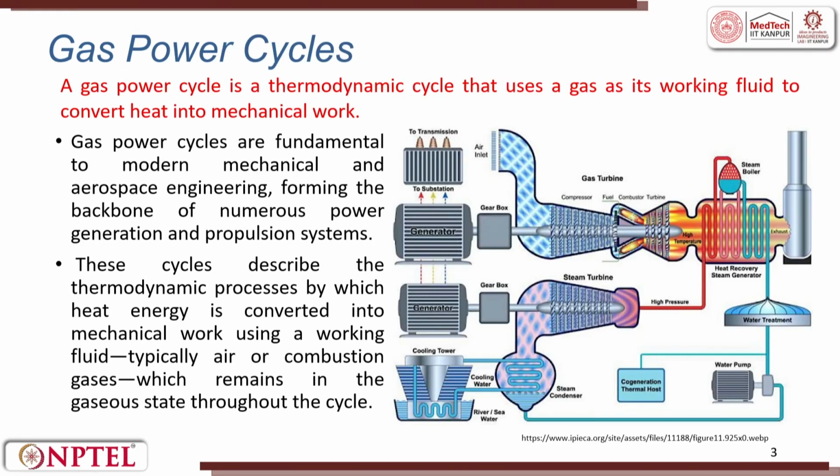A gas power cycle is a thermodynamic cycle that uses gas as its working fluid to convert heat into mechanical energy. That means to say the gas is heated and taken to a higher temperature.